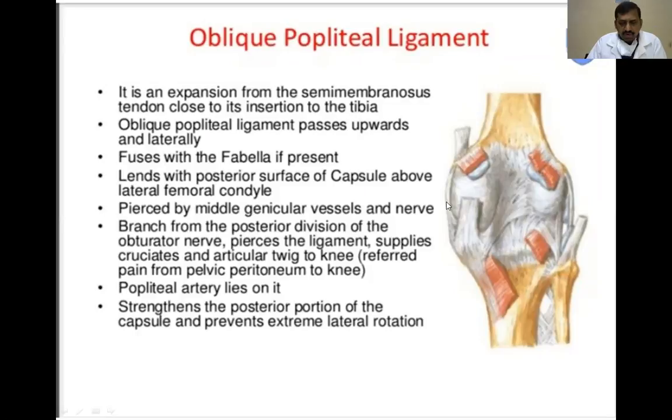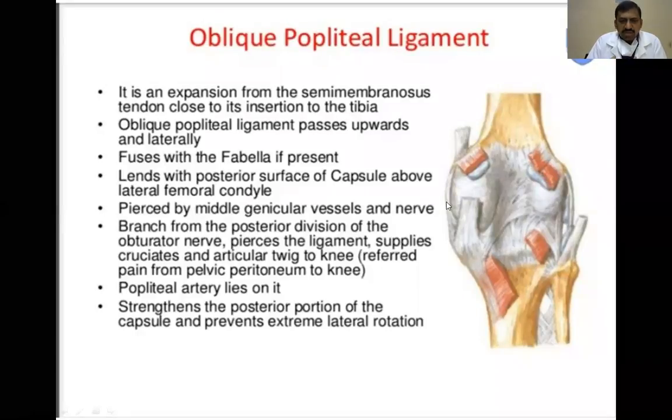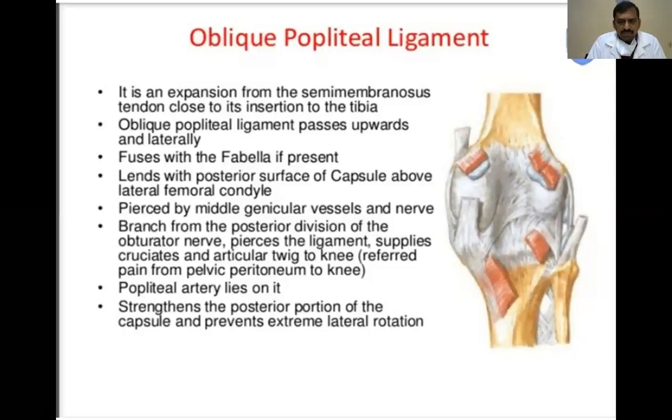Okay, the important point regarding the patella is, if there is a fracture of the patella, there is no union, because it is a sesamoid bone. The sesamoid bones are not covered by the periosteum, and the periosteum is responsible for fracture union.